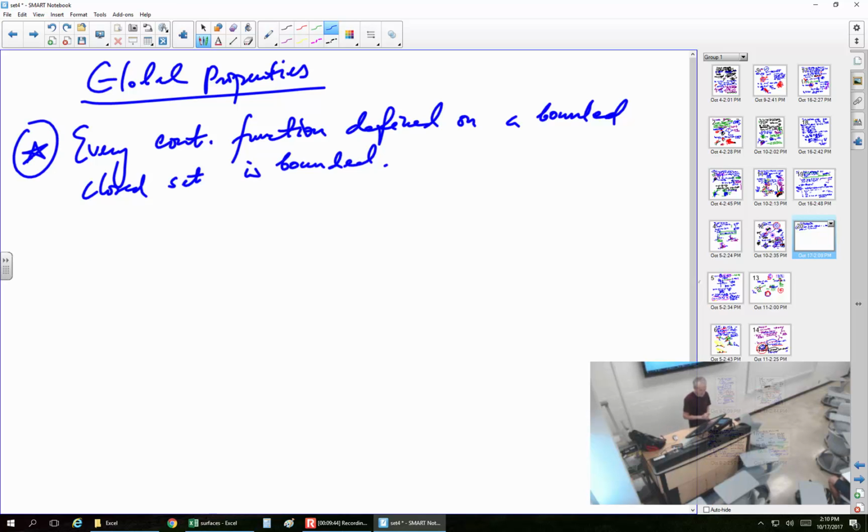The only thing that remains to be, well, first of all, let's remember what it means in calculus 1. In calculus 1, it meant very simple things. So the closed bounded set was simply an interval that we would limit ourselves to. If you have a function defined on such an interval and it is continuous, then it will be bounded.